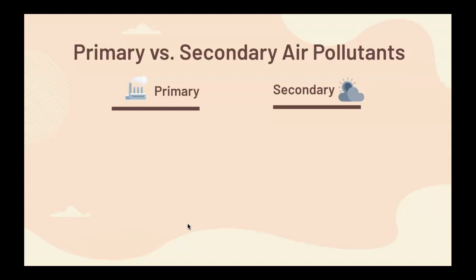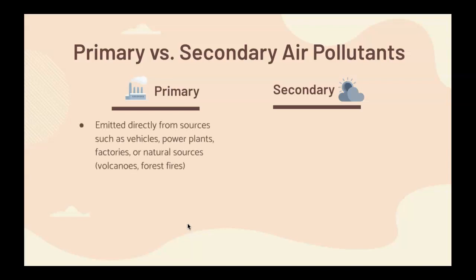So one of the other things to note is this idea of a primary air pollutant versus a secondary air pollutant. A primary air pollutant is going to be emitted directly from a source. So this is a pollutant that's coming directly out of vehicles or directly from factories or power plants, or it could be a natural source as well, things coming directly from volcanoes or forest fires.